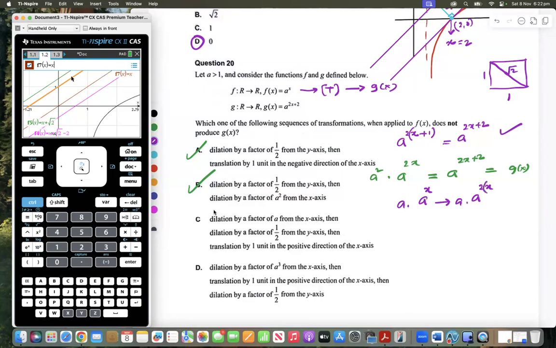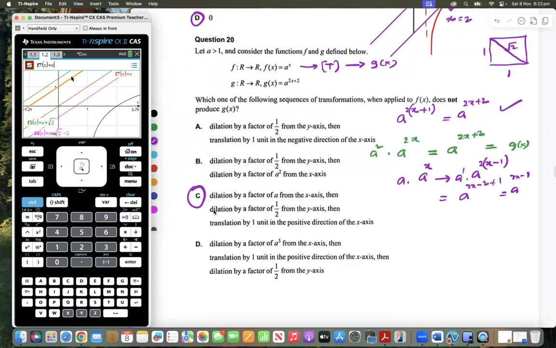Positive is negative 1. This is negative 1 in here. Let's try to simplify this. So you have a to the power of 2x minus 2. This 1 goes there, plus 1, which is a to the power of 2x minus 1. No, this is not equal. So therefore, your answer has to be C.